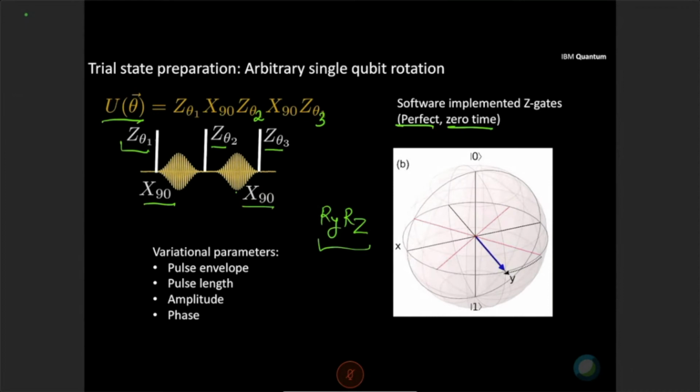In this whole approach, you have a host of different options to choose as your variational parameters. You could choose the pulse envelope, the pulse shape, the pulse length, the amplitude, even the phase of these. All of these can be chosen as variational parameters, which will be updated every iteration.